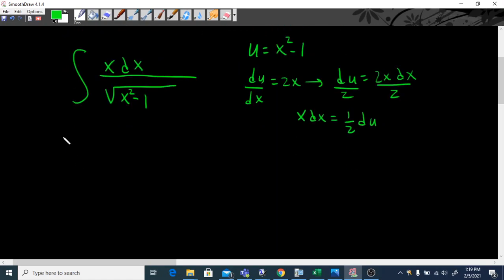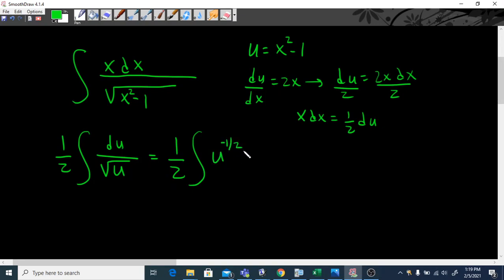So we wind up with 1/2 integral du over the square root of u, which is 1/2 integral of u to the negative 1/2 power du.